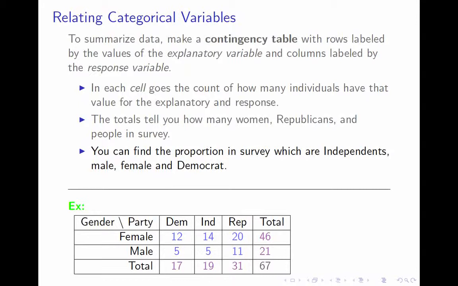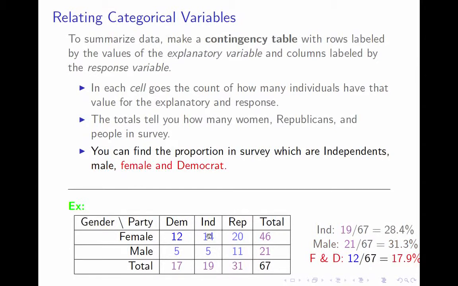So, for example, we can ask what proportion of the total survey were independents. There were 19 independents in my survey out of 67 students, so 28.4% of my sample was made up of independents. There were 21 men out of 67, so 31.3% were men.